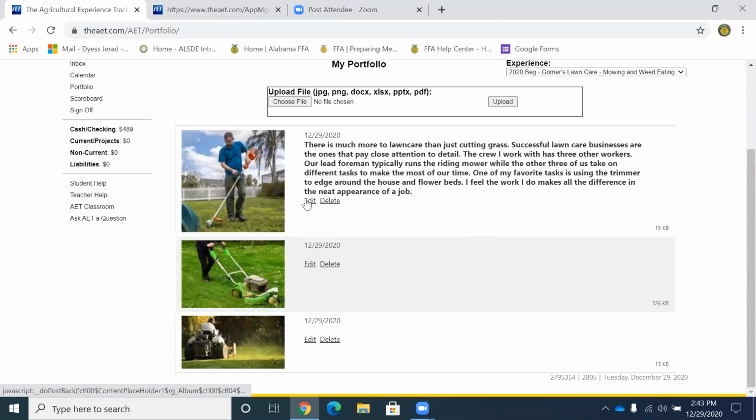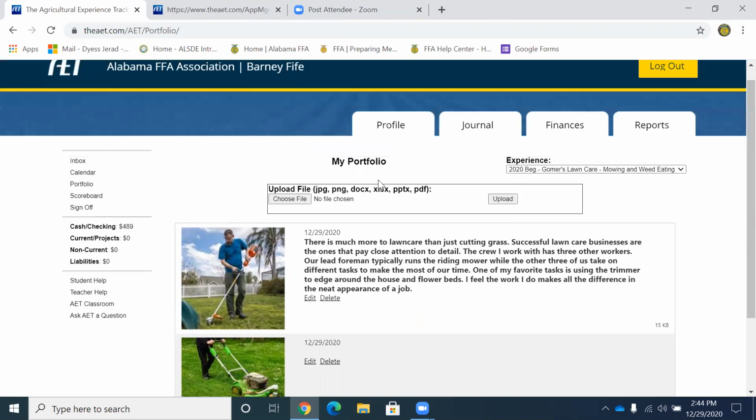And again, please forgive my stock images from Google for Barney Fife's SAE. Barney is camera shy these days. We're just trying to give you examples of captions. Don't state the obvious. Use this as an opportunity to tell more about your SAE.